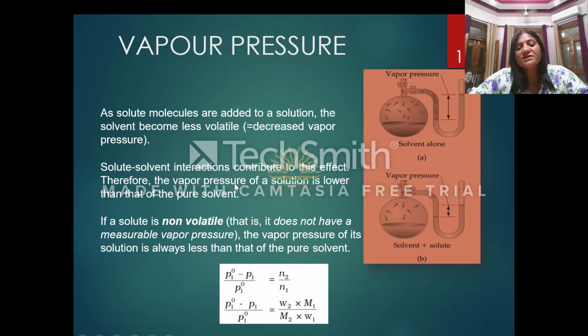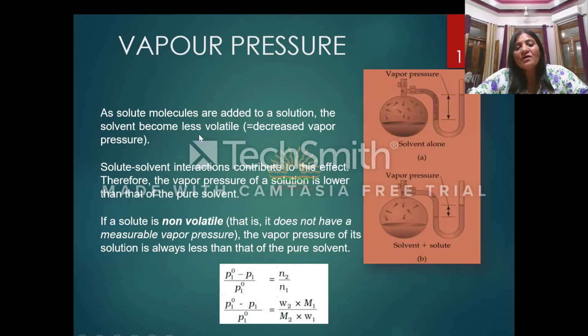Therefore, the vapor pressure of a solution is lower than that of the pure solvent. When we add non-volatile solute particles, the vapor pressure of a solution decreases. If a solute is non-volatile, that is, it does not have a measurable vapor pressure, the vapor pressure of its solution is always less than that of the pure solvent.